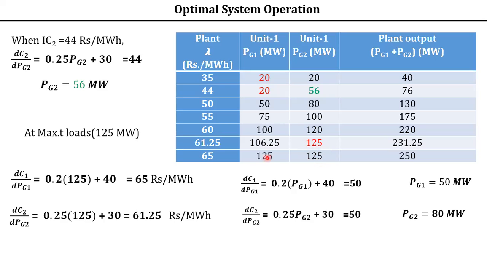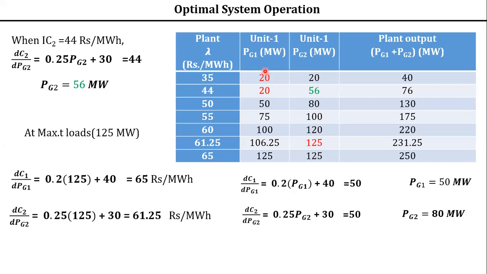The additional load will be taken by unit 1 only when lambda value is equal to 65. So what is unit 1? It is 125. Now you see, for unit 1, minimum loading is 20, maximum loading is 125. Unit 2, minimum loading is 20 and maximum loading is 125.